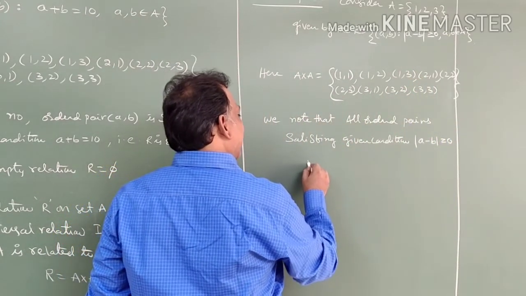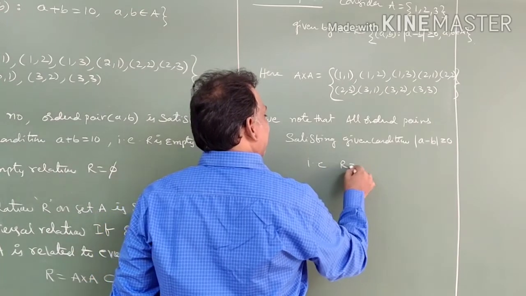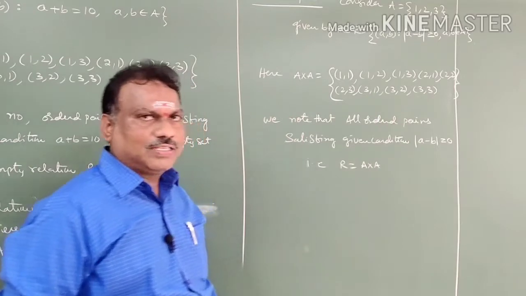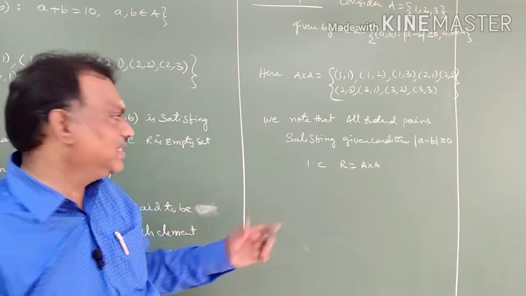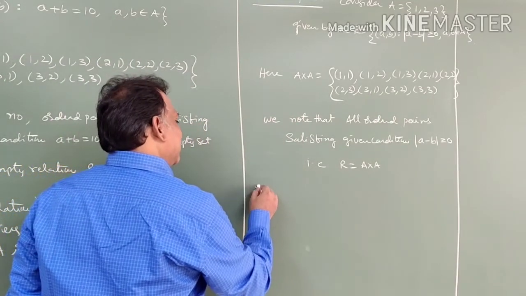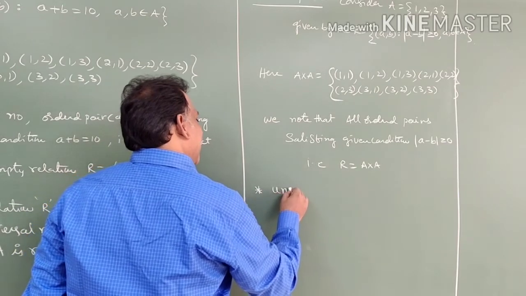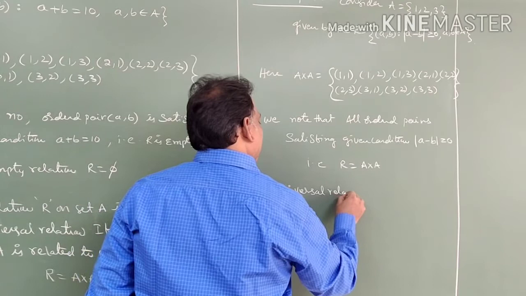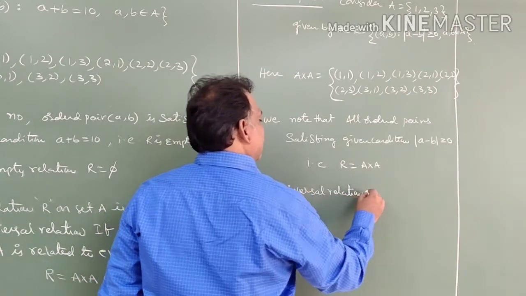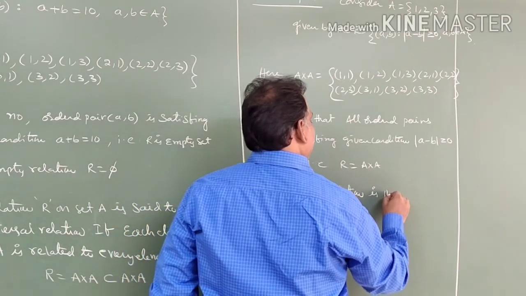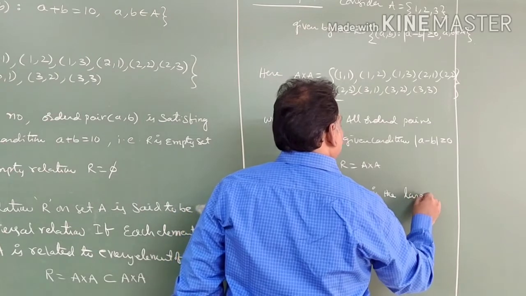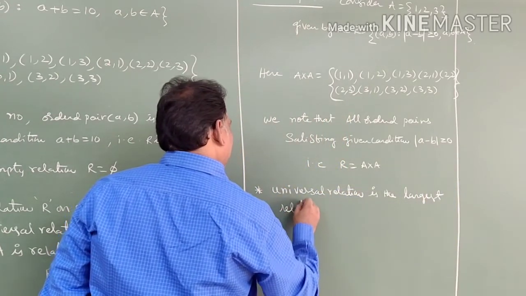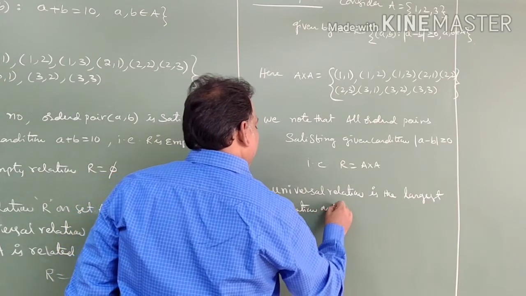So R is equal to A cross A, which is the universal relation. I told you just now, the universal relation is the largest relation on the set A.